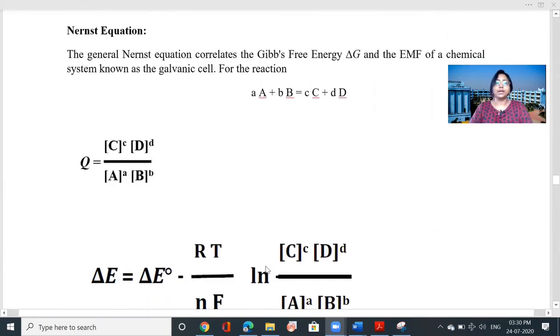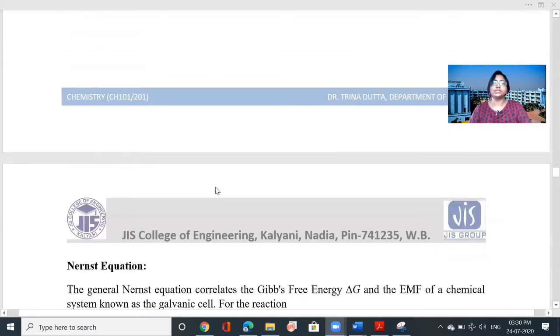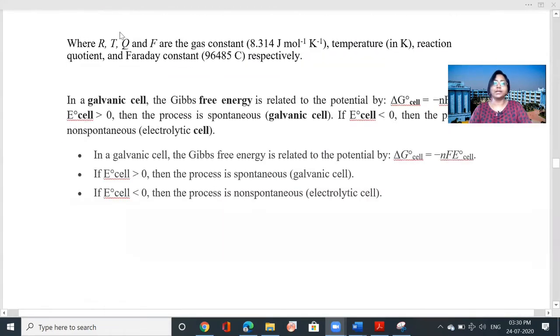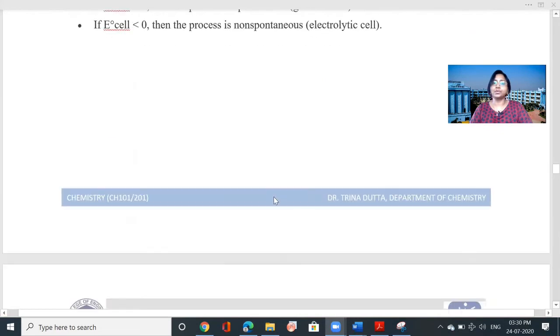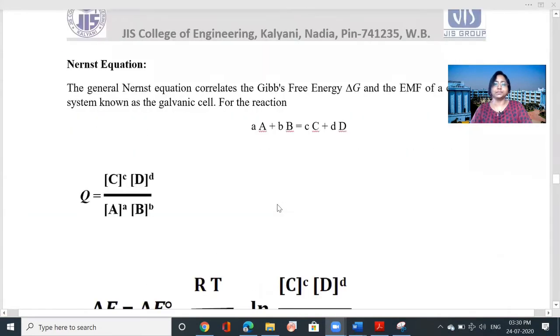Here Q will be equal to the concentration of C to the power c, times the concentration of D to the power d, divided by the concentration of the reactants. Remember that Q is the reaction quotient. In this way, you can calculate the reaction quotient.